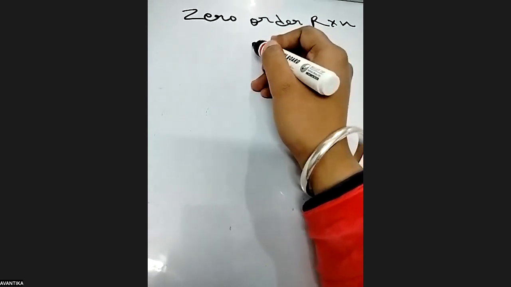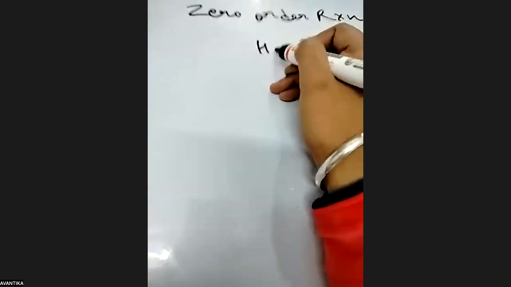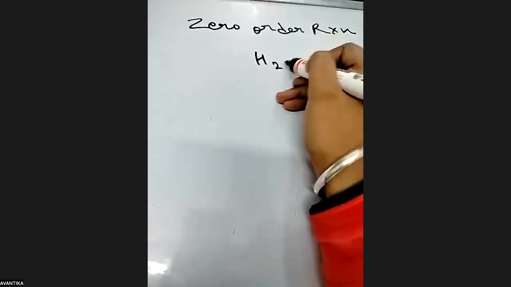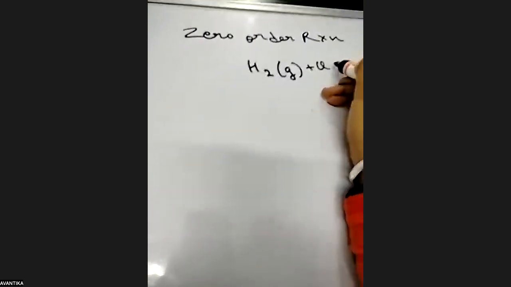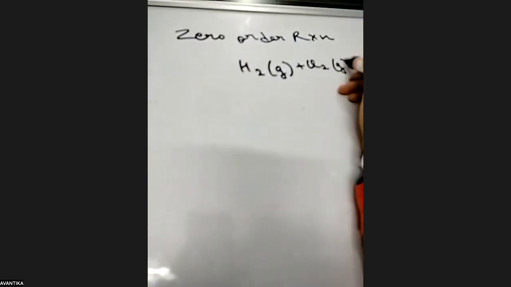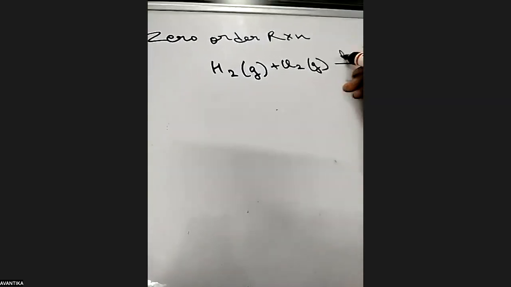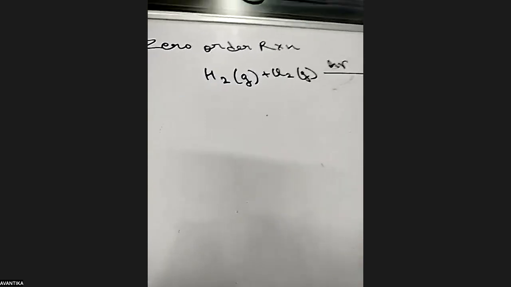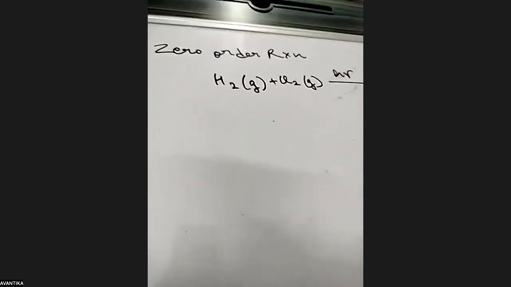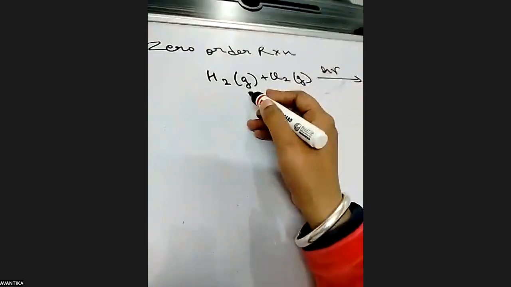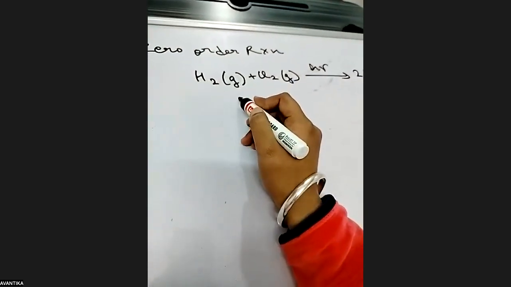For example, if we have H2 gas and Cl2 gas in presence of light, we get HCl. So here the reaction is not depending on the concentration of H2 and Cl2.